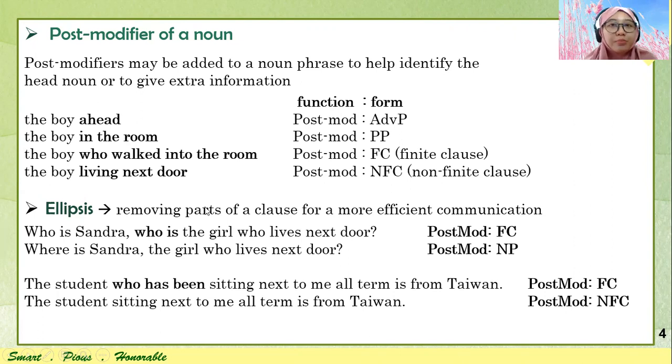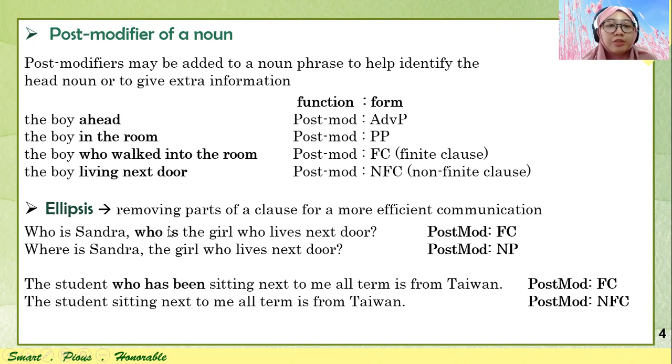Jadi ada beberapa parts yang dalam sintaks itu seharusnya ada, tetapi we omit them or we remove them, kita hilangkan seperti itu. Tetapi dalam sintaks itu tetap grammatically correct ya. Jadi this is not a grammatical error, but this is just in the form of ellipsis. For example, who is Sandra? Who is the girl who lives next door?